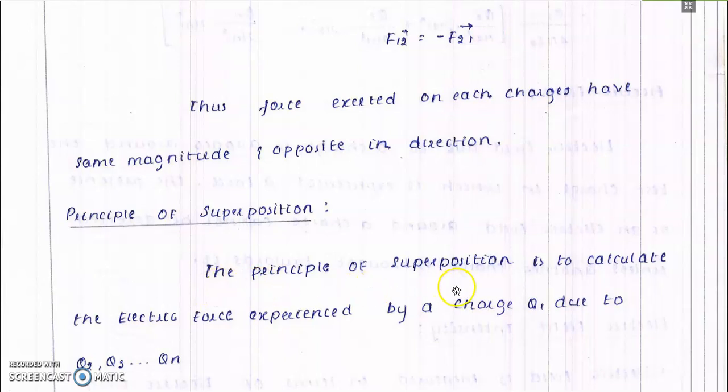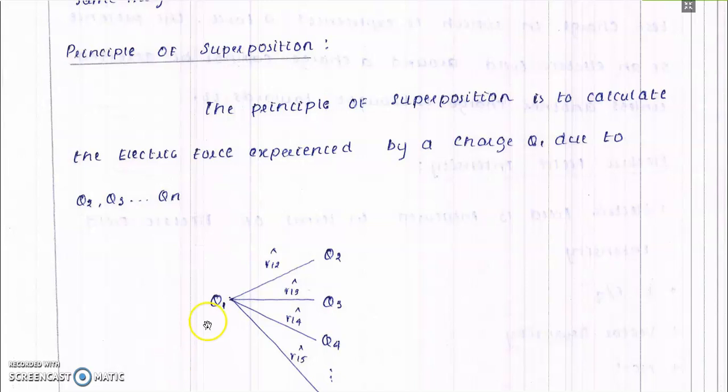So the principle of superposition is to calculate the electric force experienced by the charge Q1 due to all the charges in space, that is, the charges from Q2, Q3 up to n number of charges. With the help of a pictorial representation, Q1 is the charge in my hand, or the reference charge. Q2, Q3, Q4 up to Qn are the charges that may exist in the space. So the magnitudes may be different.